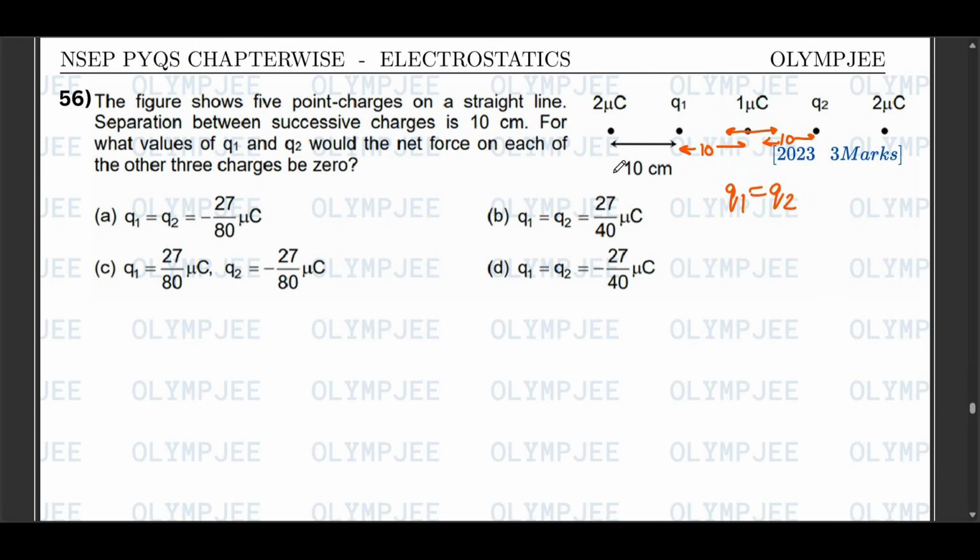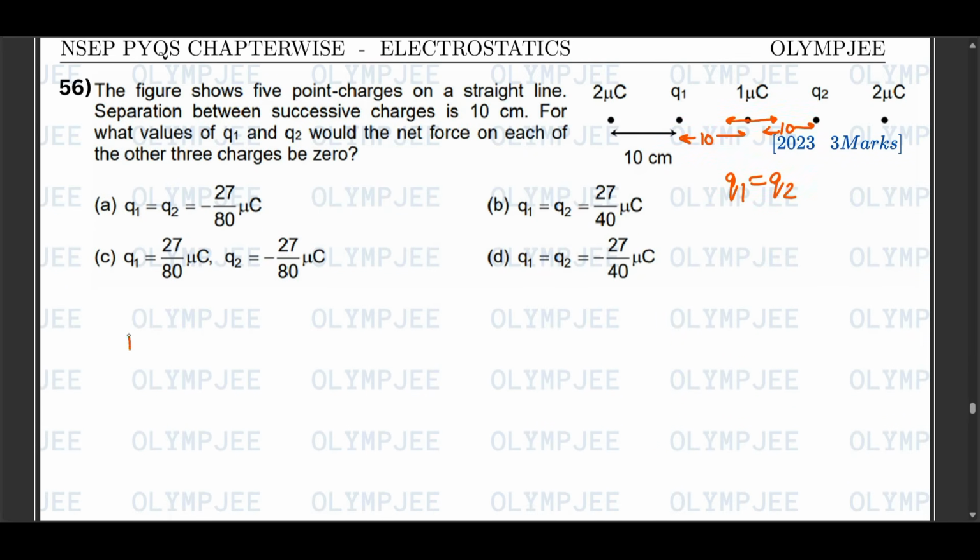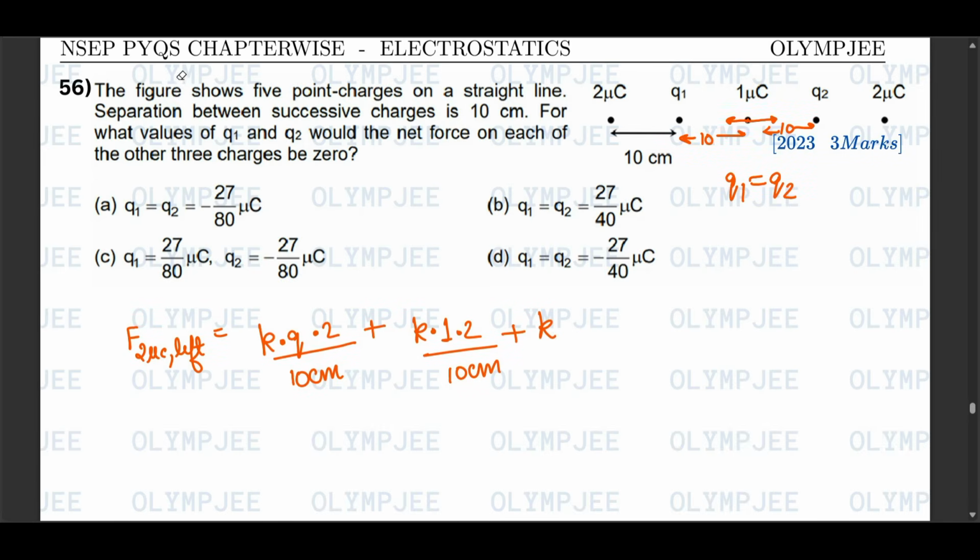So now we can write on this 2 μC. The force on the 2 μC on the left side will be equal to k multiplied by q1 multiplied by 2 divided by 10 centimeter, plus k multiplied by q multiplied by 2 divided by 10 centimeter, plus k multiplied by... since q1 is equal to q2, I am taking both as q.